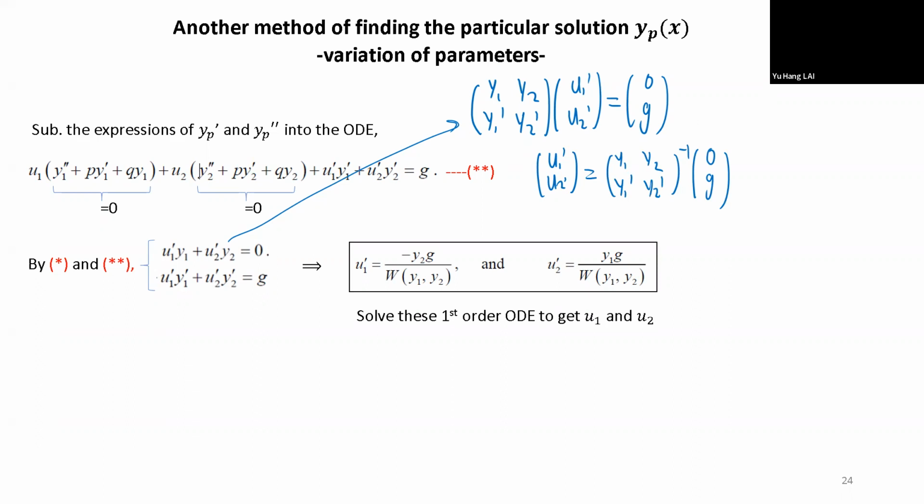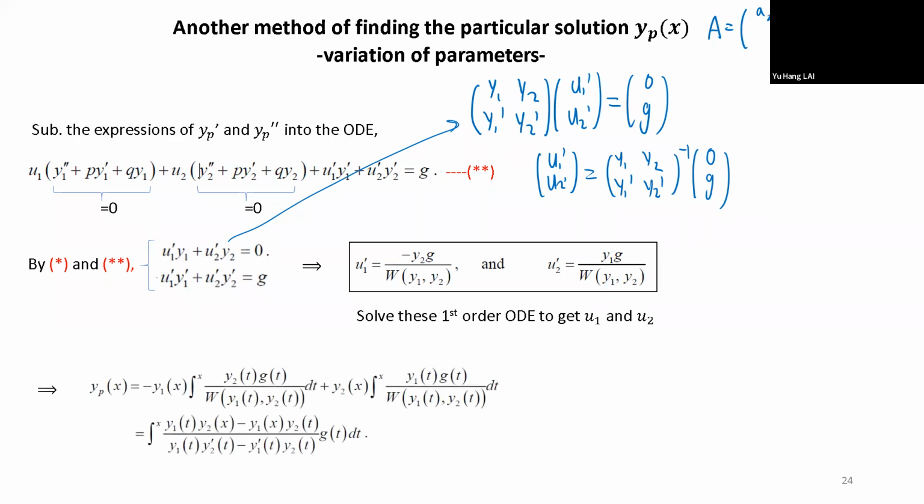And how do you find the inverse of a 2x2 matrix? If you have a matrix A given by a, b, c, d, then A inverse would be 1 divided by the determinant of A, times this matrix here.